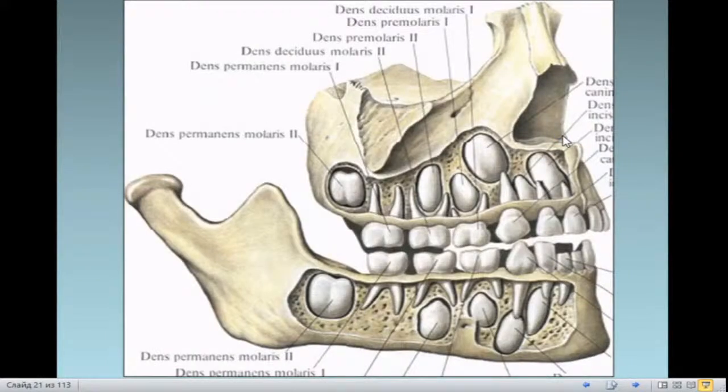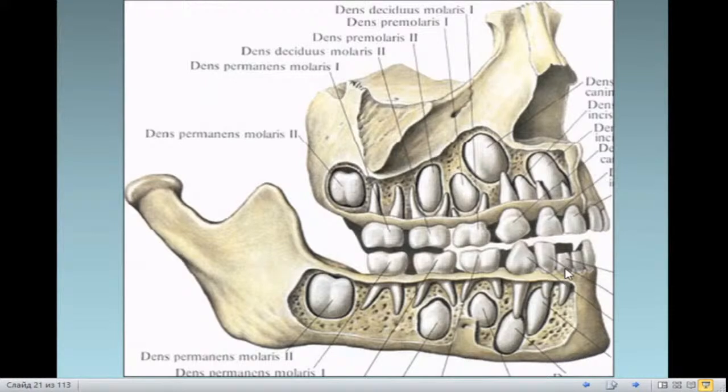The next thing we are to discuss is the teeth. As I mentioned before, the teeth can be milky or temporary, and adult or permanent. The normal time of eruption of milky teeth is around 6 months, and usually the incisors erupt first.